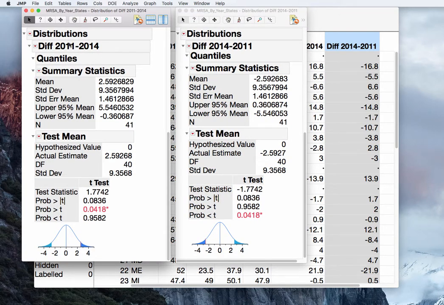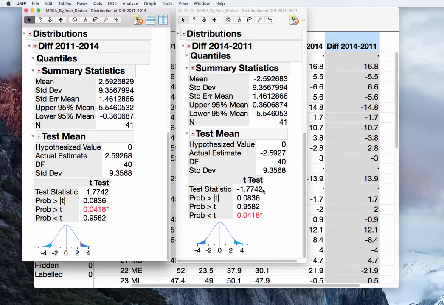You can see here for 2011 minus 2014 versus 2014 minus 2011, we see identical standard deviations, identical standard errors. We see reversed confidence bounds. We see a reverse in our mean change. We see a negative value here for our change estimate, a positive value here.